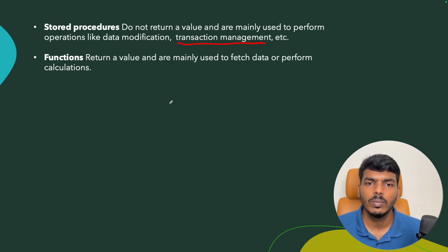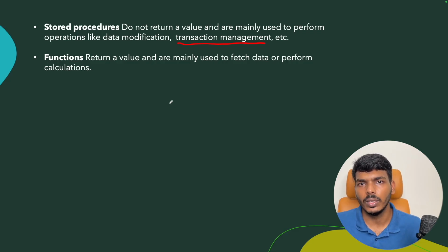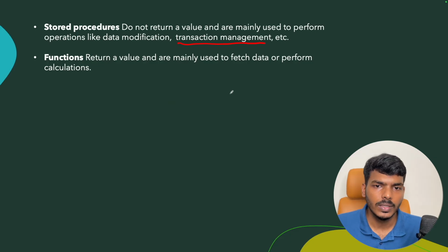When we perform many operations as a unit, like if we transfer money from one account to another account, we are deducting money from one account and we are modifying the amount in another account. So these things are called a transaction. If all operations are successful, we will commit it, or we will roll back. So this is a transaction and we use stored procedures to perform these transactions.